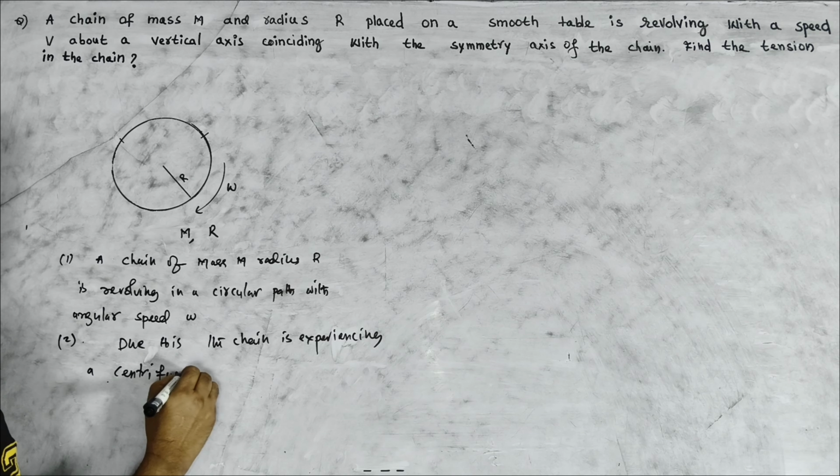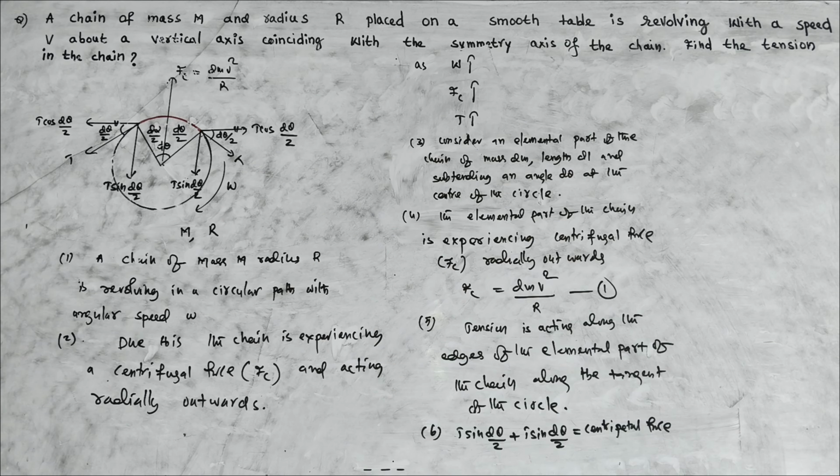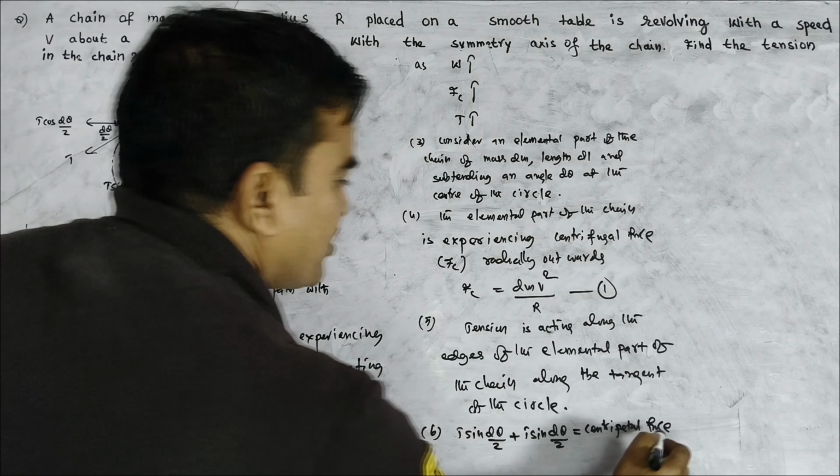That is, T sin d theta by 2 plus T sin d theta by 2 act as centripetal force toward the center of the circle, and this balances the centrifugal force acting away from the center.